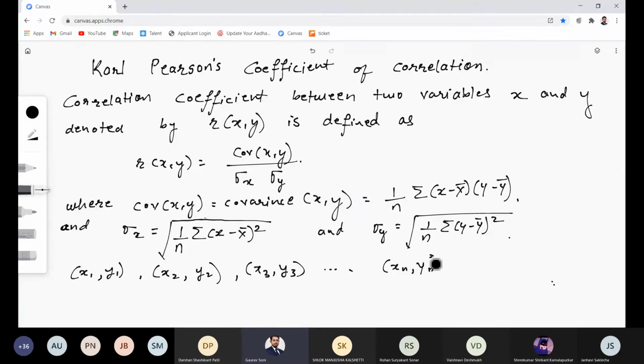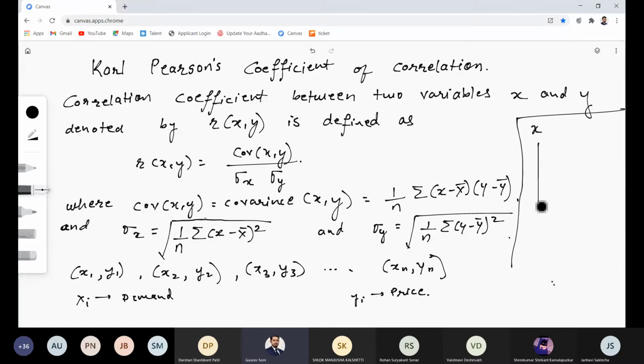If xi is demand and yi is the price. Look, there is no frequency. The data that we will be provided in this case is of the form the values of x and the values of y. That's it. These two are variables. There is no frequency in this case.